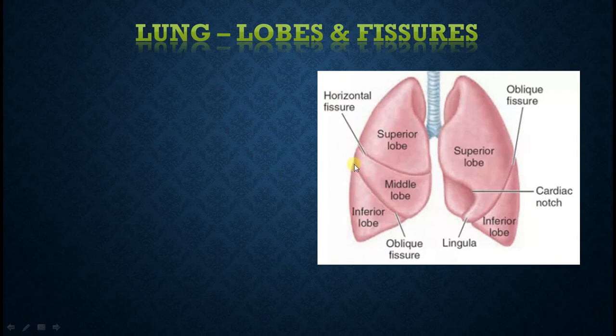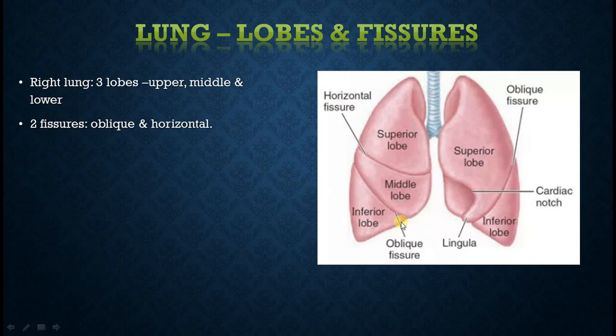Then it comes forwards, laterally and downwards. It passes through the fifth intercostal space at the mid-axillary line, and finally ends at the sixth costochondral junction.